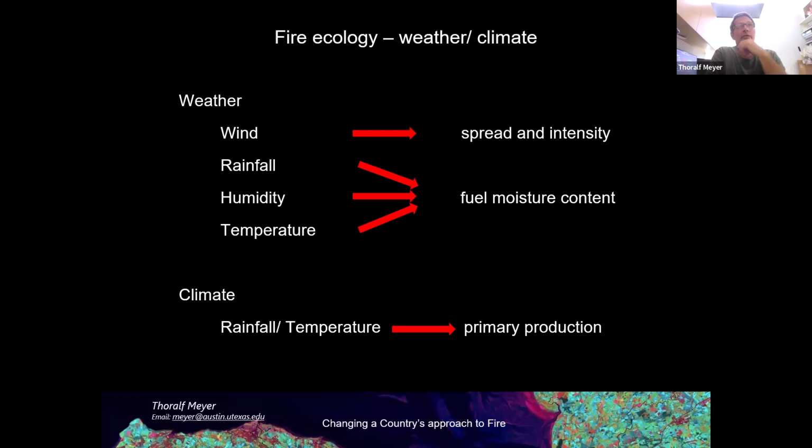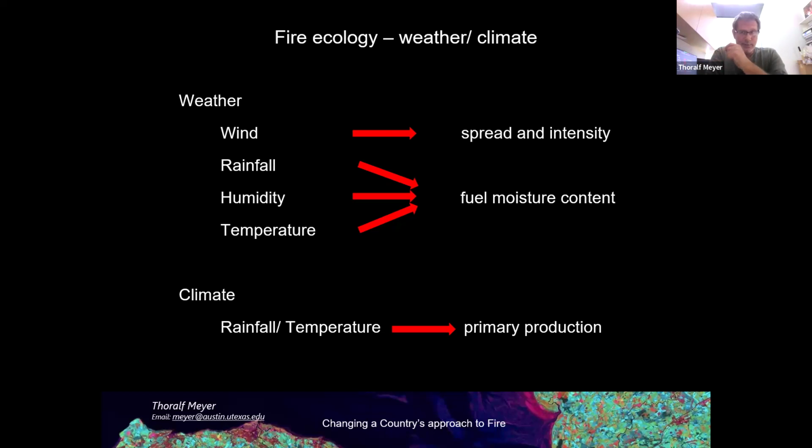So weather also influences parameters such as rainfall, humidity, and temperature. And these three components together influence the fuel moisture content. So how dry is my fuel, or how easy is it to ignite a piece of grass, a piece of wood, etc. So weather plays a very, very important role.